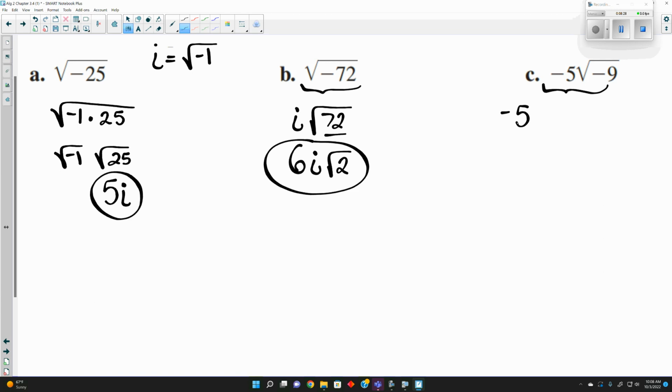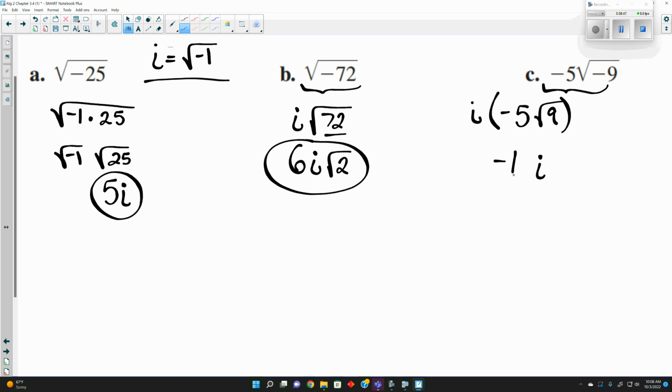But what do we know about the negative? We could pull the negative out, because we know this answer is going to have i, yes? Because we're really saying we have i times negative 5 times the square root of 9.